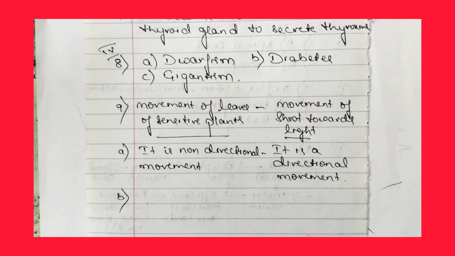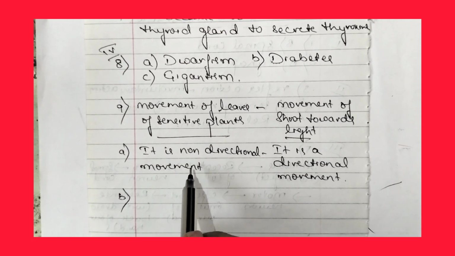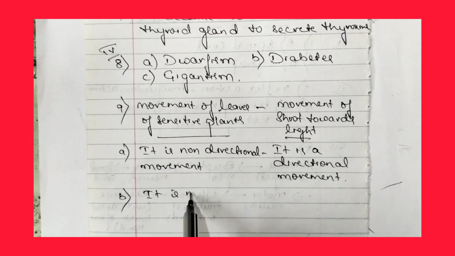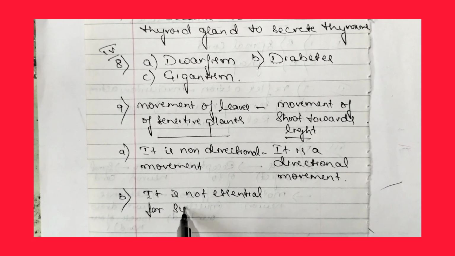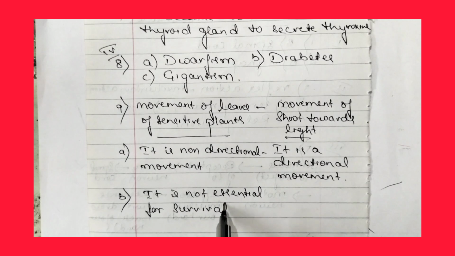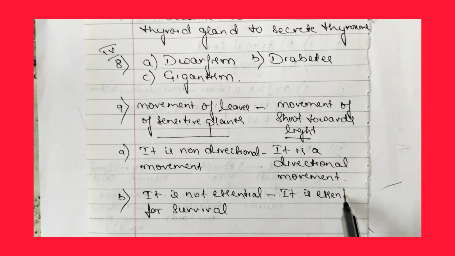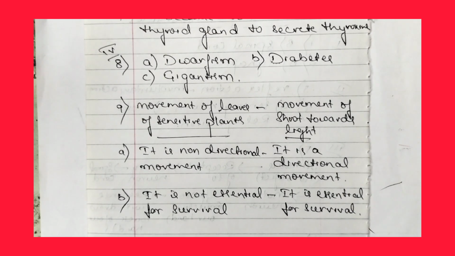Then the second difference is, closing of leaves is not essential for survival, but movement of shoot towards light is essential for survival, because the plant will get sunlight. Using that sunlight, the plant will prepare its own food.